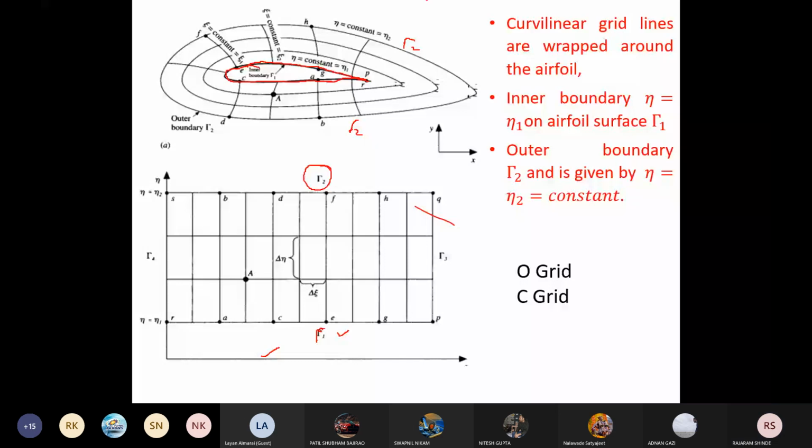That means if it is open at this location, then this type of grid generation is known as a C type grid.